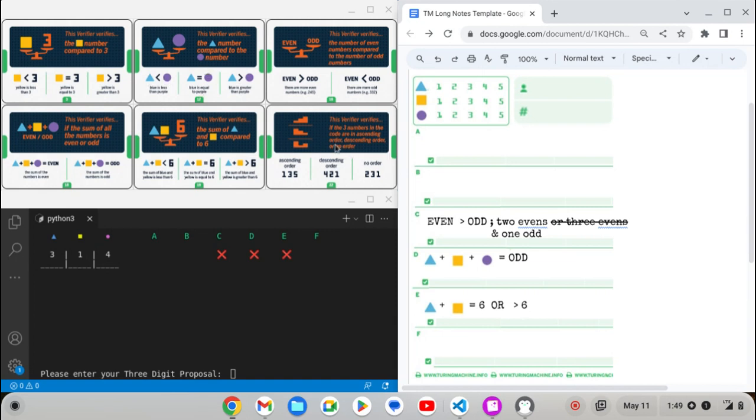And then we also have this other clue that tells us the order of the digits. So let's see, if I were to propose 4, 2, 2, 4, 2, 4, 5, it could be increasing, 4, 2, 5.